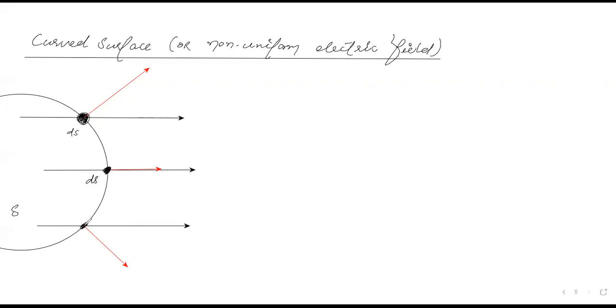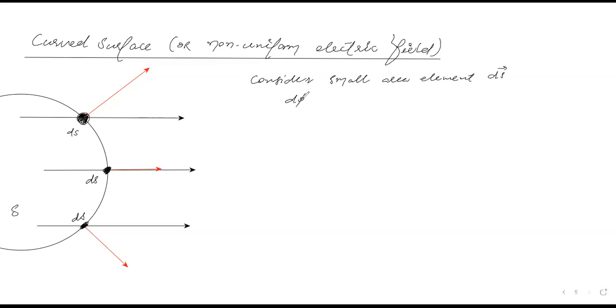Area vector of ds. We are taking a small area ds. First of all, we are writing here, consider a small area element ds vector.